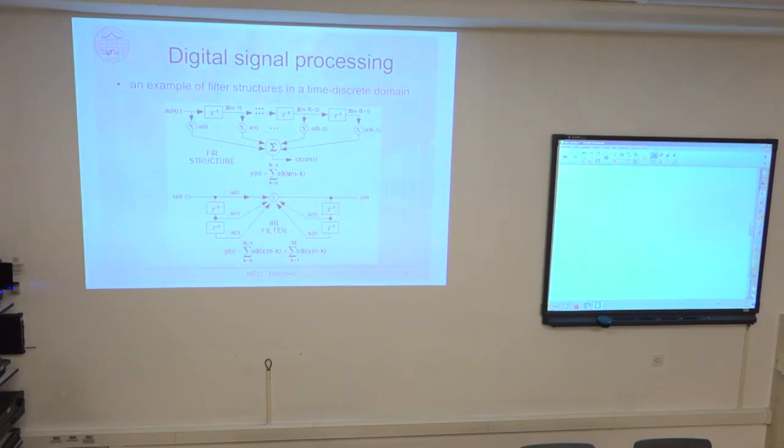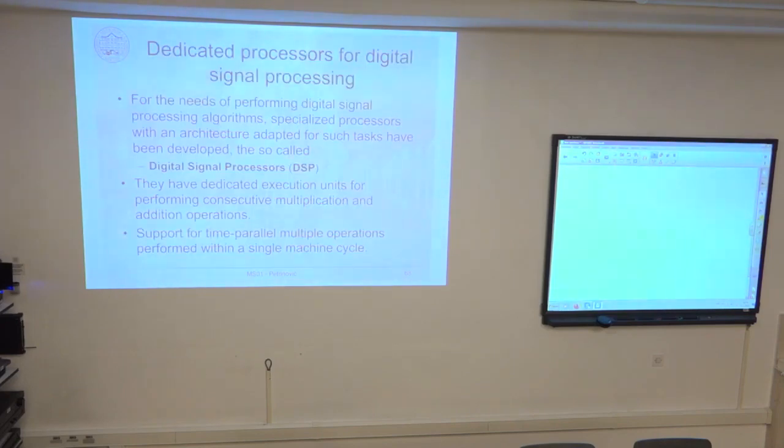So all you have to do is compute the proper values of coefficients A and B, and you are ready to do the filtering of the input signal. Okay, so this is just a short description for the people that do not have the background in signal processing or signals and systems and everything else.